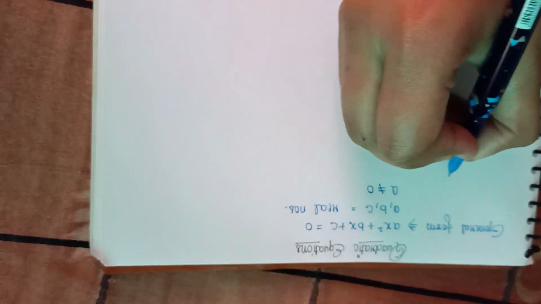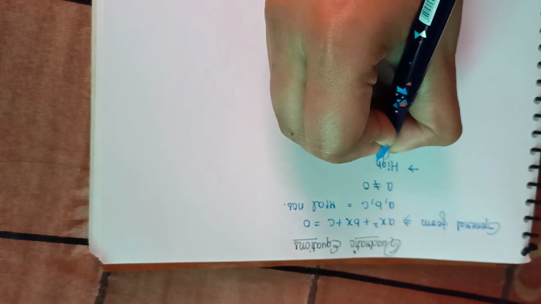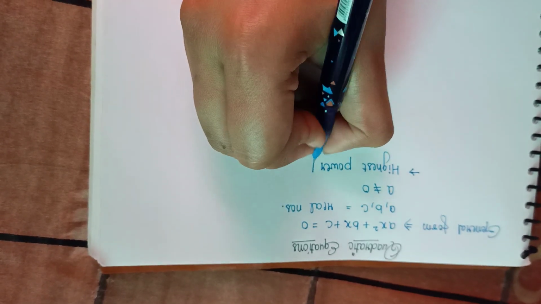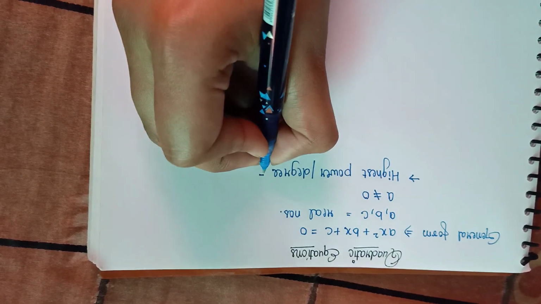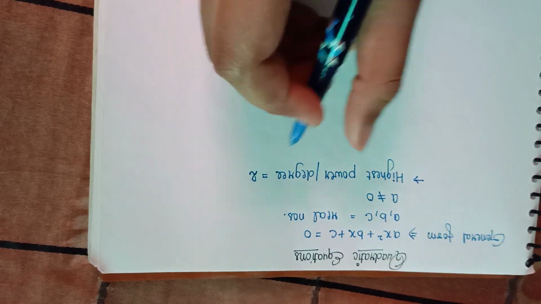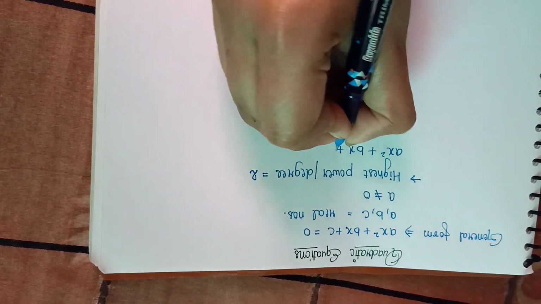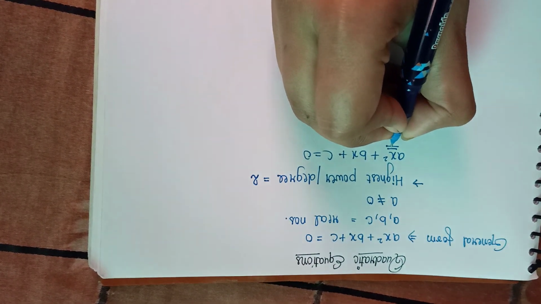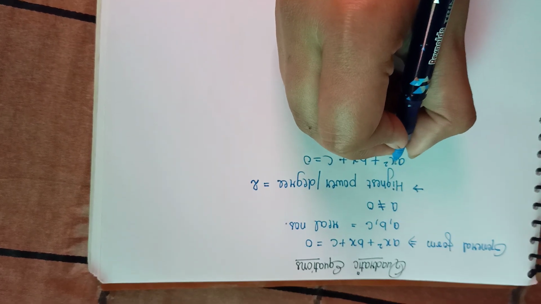In the quadratic equation, the highest power, another name for which is degree, is 2, which means here the power of x is 2. x is the variable which we have considered.